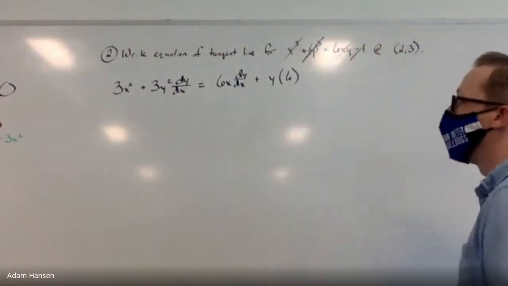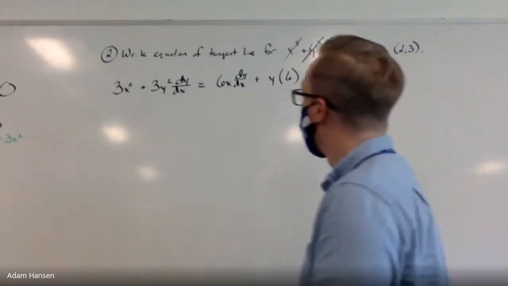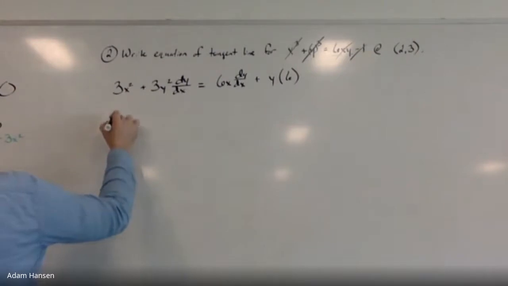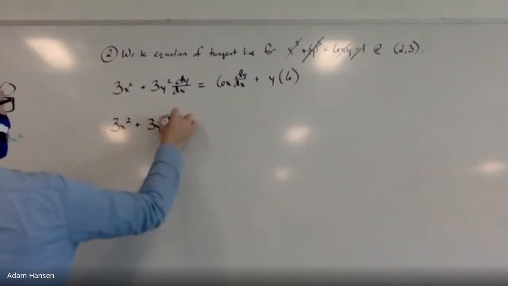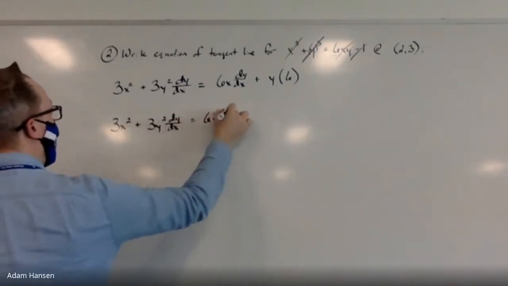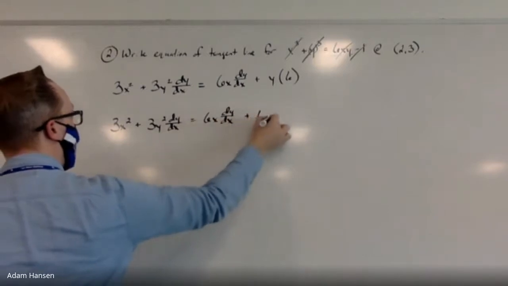Okay, so let's see if we can start solving for the derivative. I need to solve for dy/dx. I see 4 terms here. Let's bring down what I've got: 3x squared plus 3y squared dy/dx equals 6x dy/dx plus 6y.